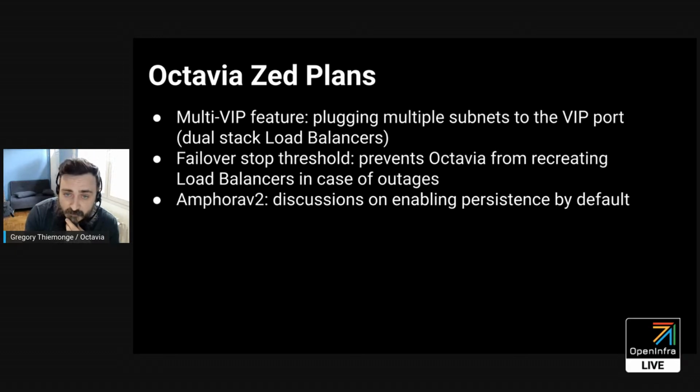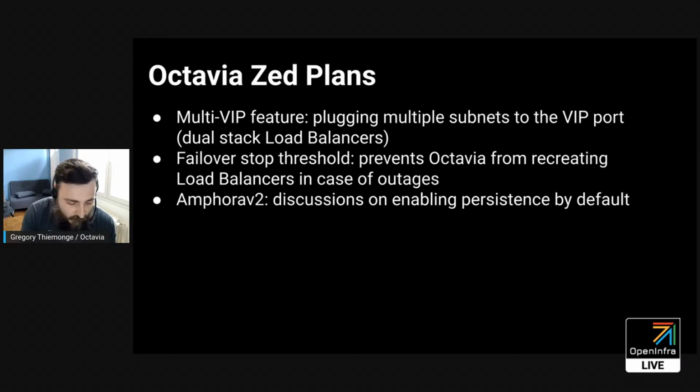For the Z release, our plans are first the multi-VIP feature. So in Octavia, the VIP port, or the front-end port of the load balancer, is attached to only one Neutron subnet, and a Neutron subnet is either IPv4 or IPv6.